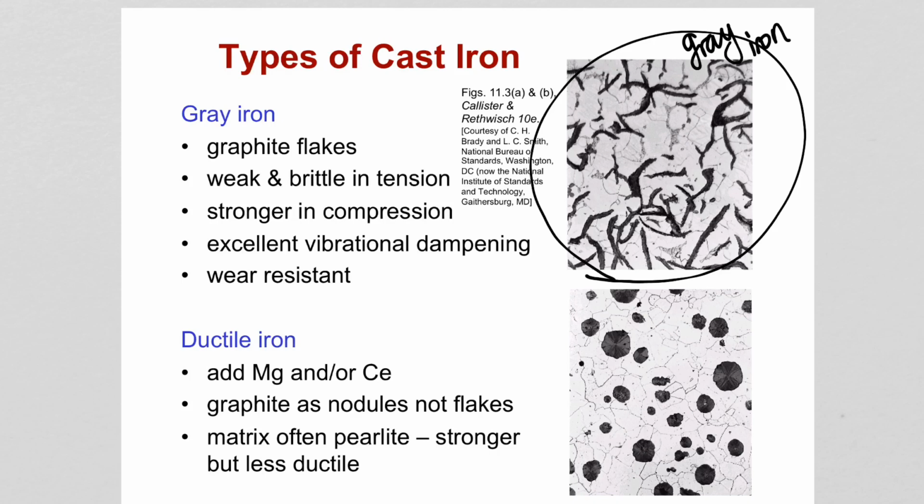The reason it is called gray iron is that when fractured, these flakes give it a gray appearance. That's where the name came from. These materials are preferred when damping is required, because they have excellent vibrational damping properties, and they have excellent wear resistance.